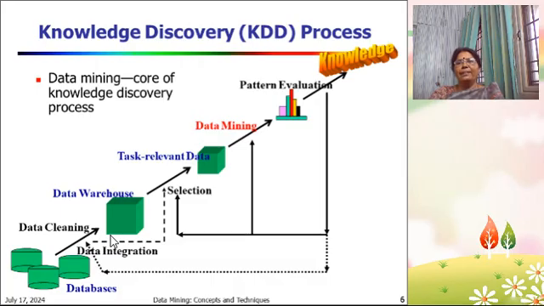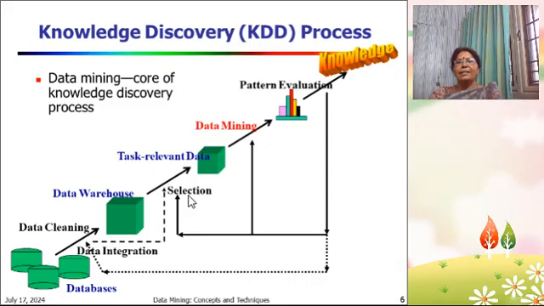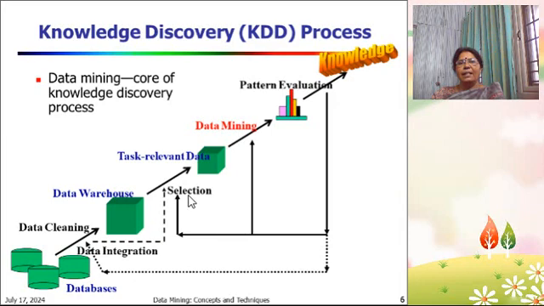We apply the data mining algorithms over the task relevant data, and the outcome of this process will be interesting, novel patterns, which we call knowledge. So this is the knowledge discovery process. In short, we say it as KDD, knowledge discovery from databases.